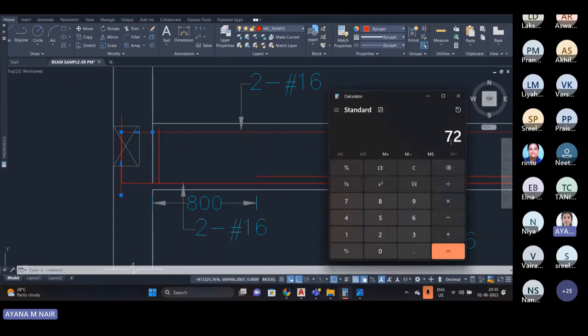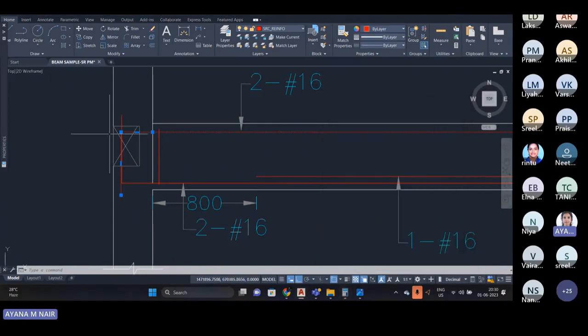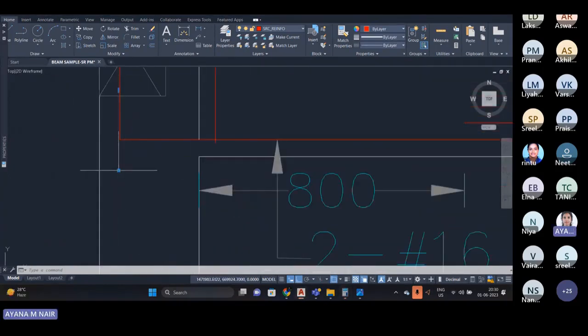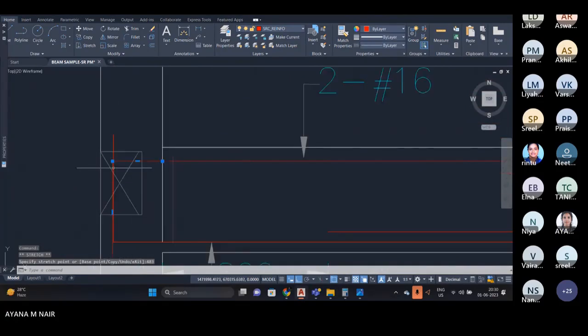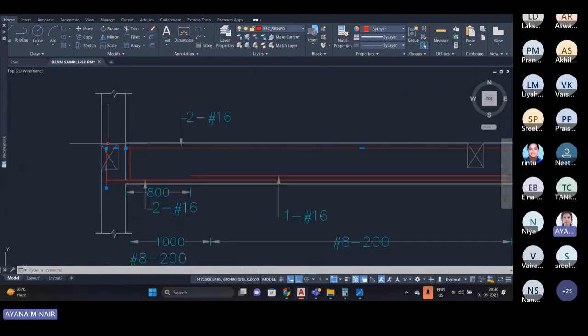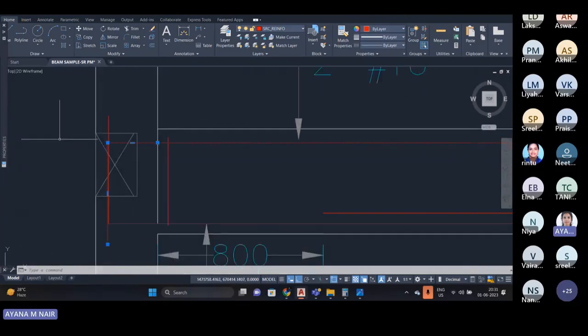So 725 minus 242 gives you 483. Okay. So for the rest of this length, you can click on this point and stretch it to 483. Okay. So the total length will be 242 plus 483, that is 725. So this development length is also corrected.